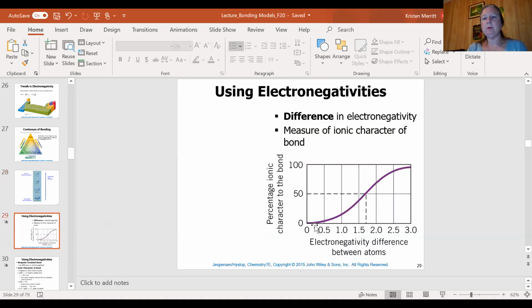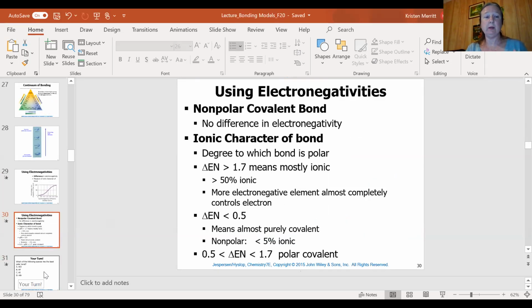We calculate the difference in the electronegativities between two atoms, and that is graphed to tell you the percentage of ionic character. So you want to know how to determine if something has a low ionic character or a large ionic character. And this will be determined by their electronegativity. So you subtract the electronegativity of two atoms.